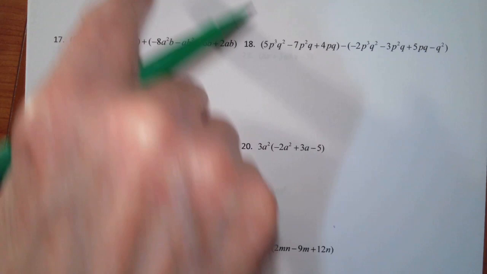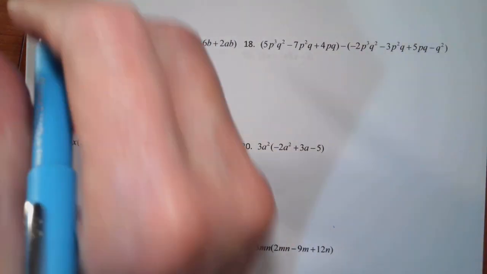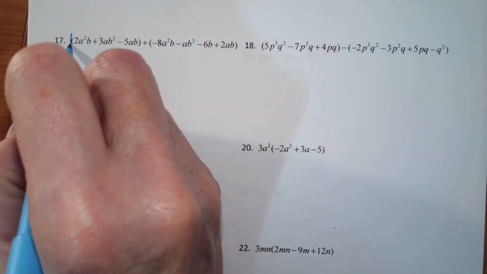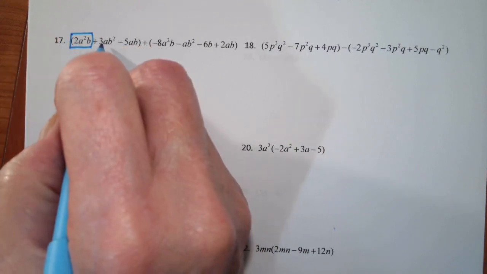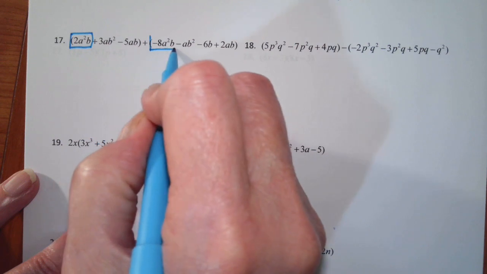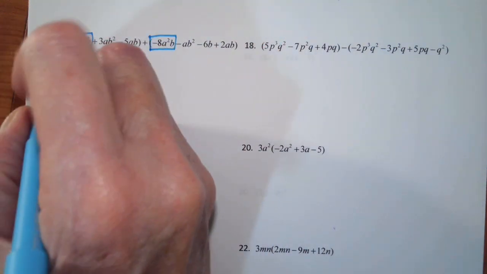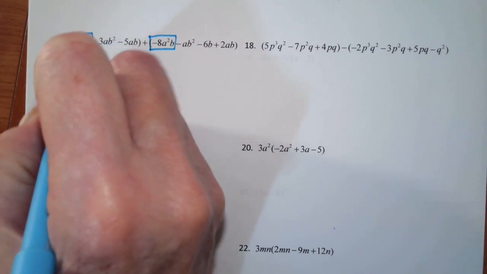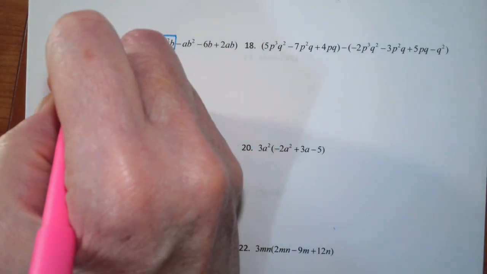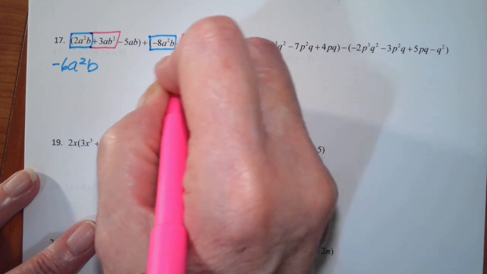Okay, this is exactly the same as this one. It's just I have to be super duper careful about finding my like terms. Okay, since it's adding, I can just combine like terms. So if I've got an a to the second b, that's an a squared b, no exponents here. So a to the second b, 2 plus negative 8 gives me negative 6, a to the second b. All right, then I've got an ab to the second.